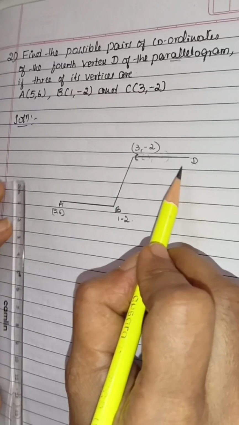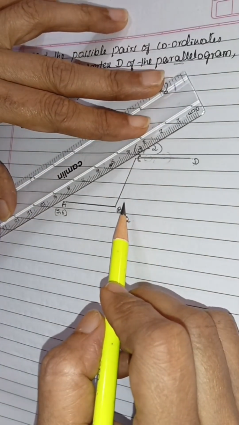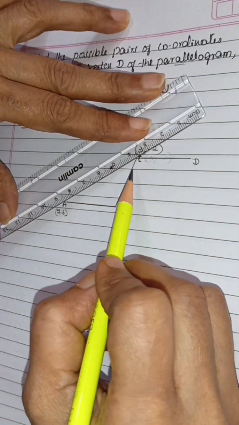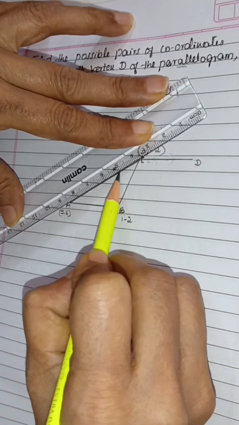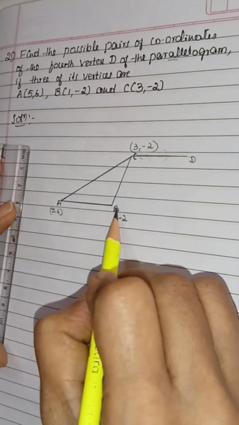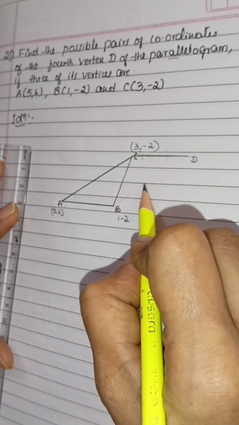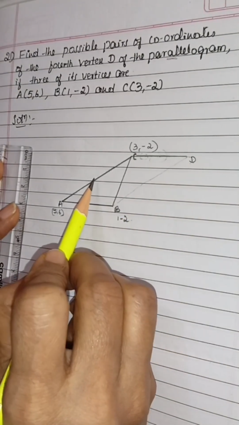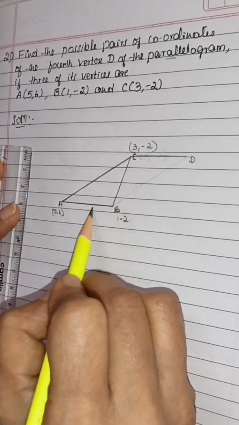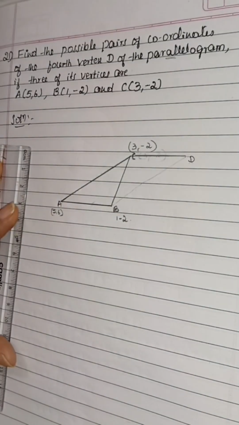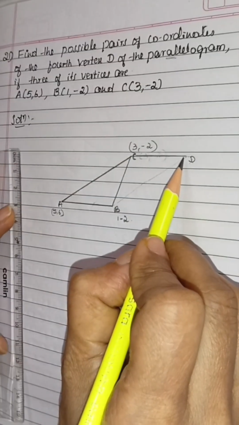We have to join A and C so that we understand the shape of the parallelogram. If you join like this, you get a parallelogram. These two sides are parallel, and these two are congruent. This is one possible location.